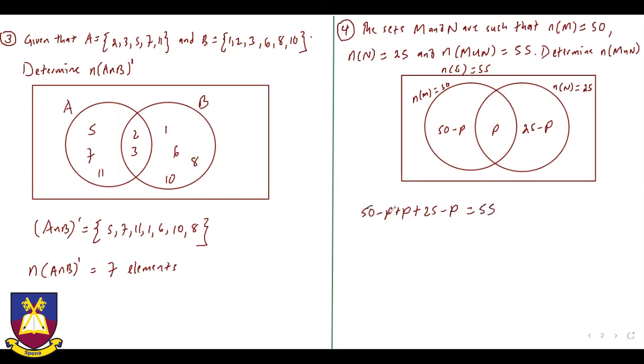This is 25 plus 50, which is 75. The p cancels, leaving 75 minus p is equal to 55. So p can go to the other side and 55 comes to this side.